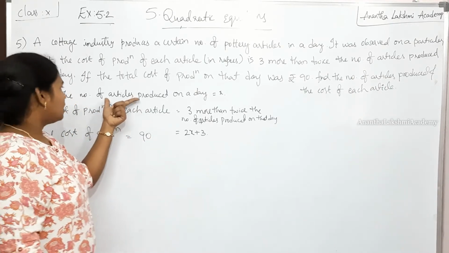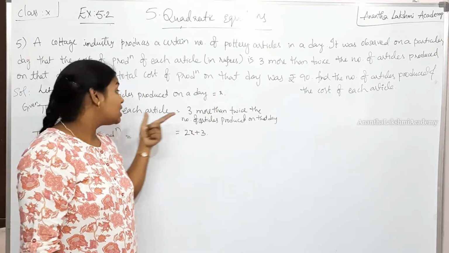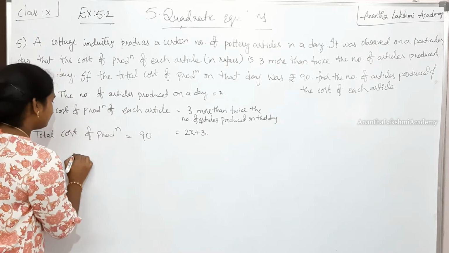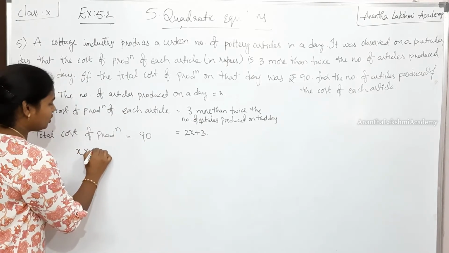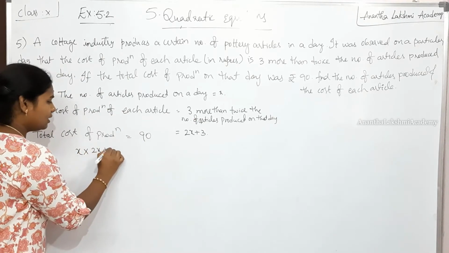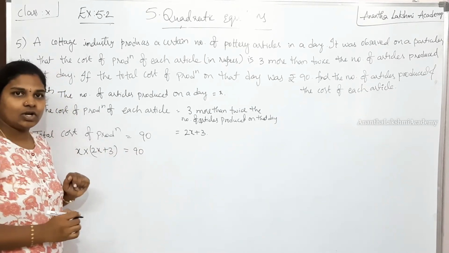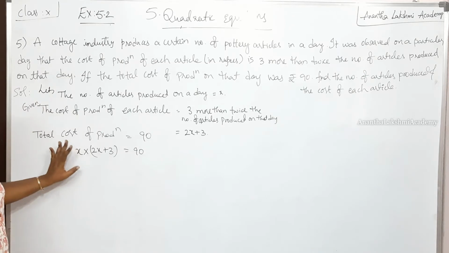So the number of articles produced is x, and the cost of each article is 2x plus 3. In order to get the total cost, we need to multiply x with 2x plus 3 to get 90. This is simple.